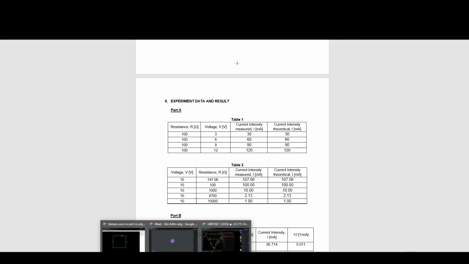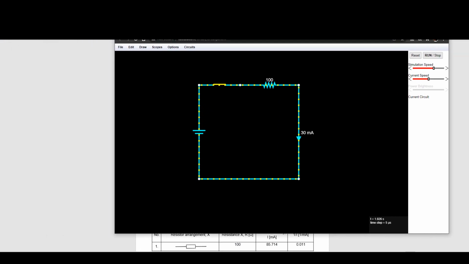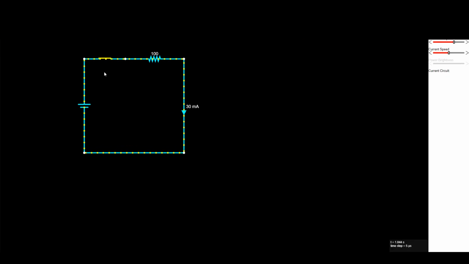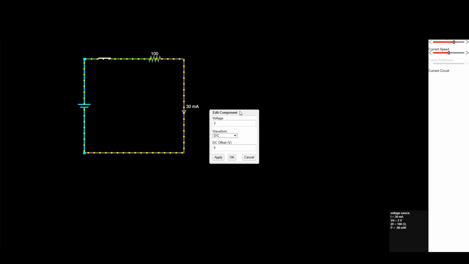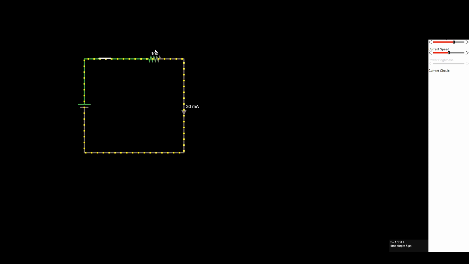Going to the website, we have already constructed the circuit. For the very first one we use 3 volts with 100 ohms, and we get 30 milliamp.